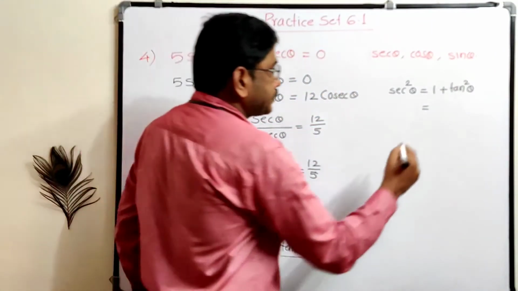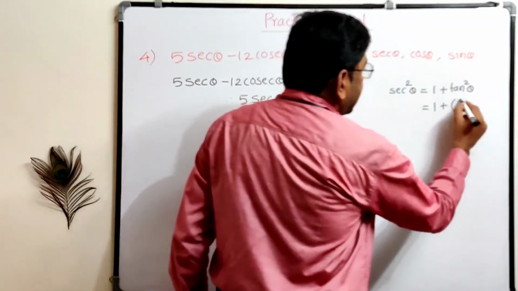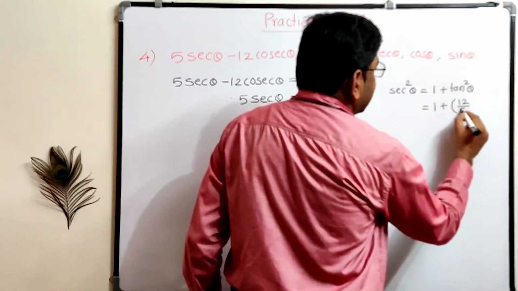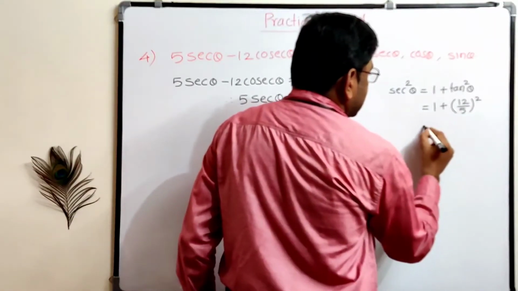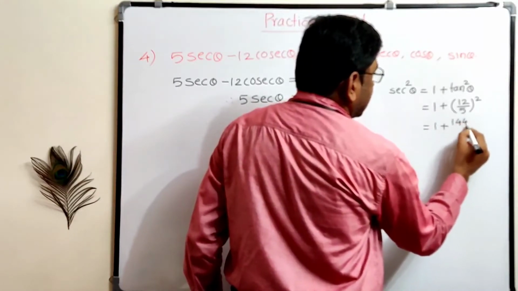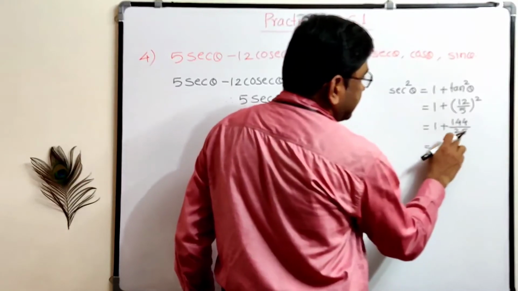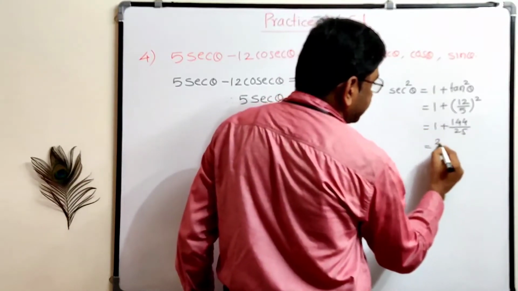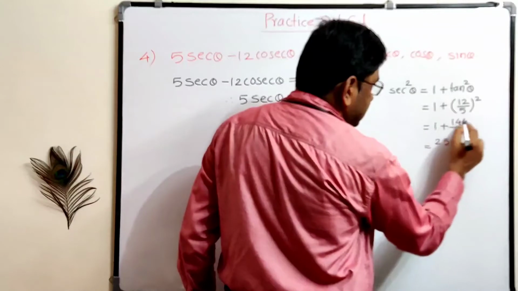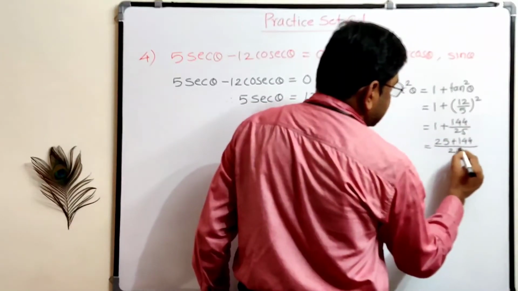Substitute this value. So 1 plus 12 by 5 bracket square. 12 divided by 5 bracket square. So we get 1 plus 144 divided by 25. So simplify. 25 ones are 25 plus this 144 and denominator as it is.